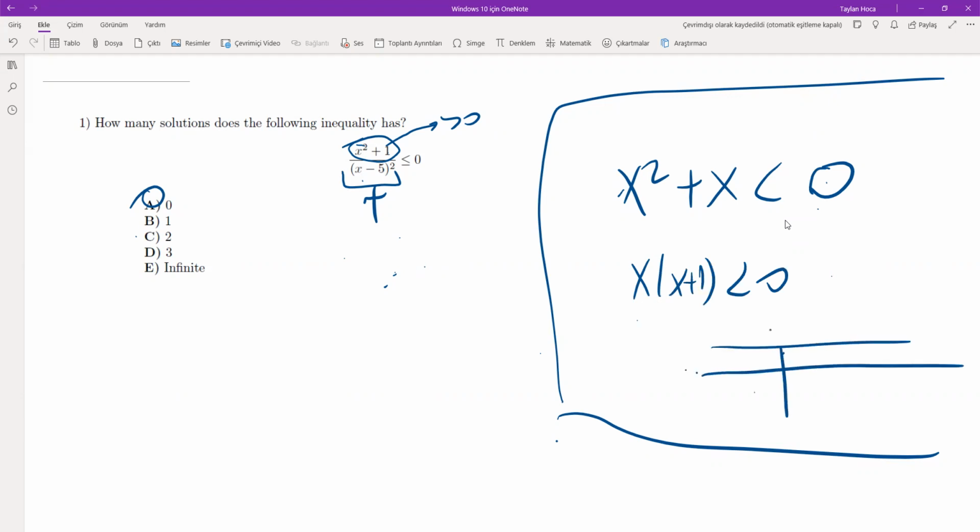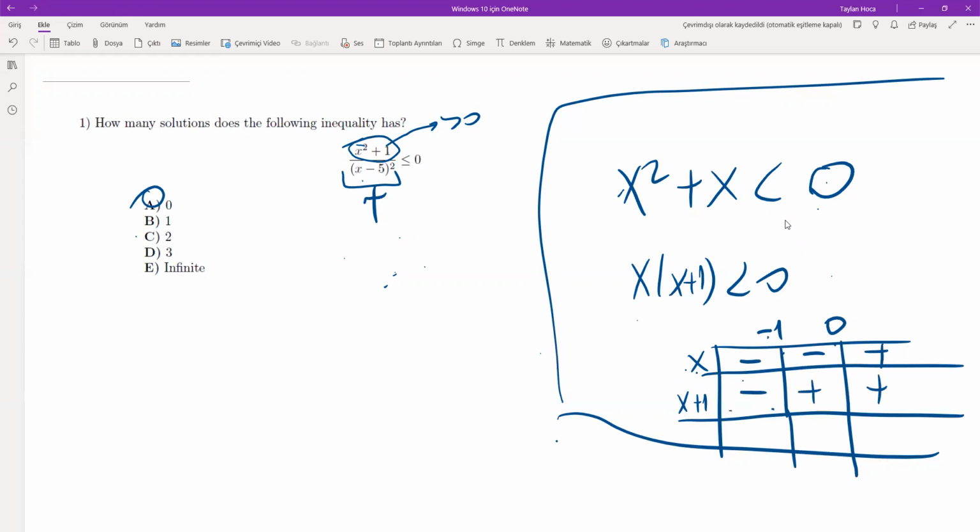What makes x 0? 0. Sorry, what makes x plus 1 0? Minus 1, because I have to write them in order. So x is negative here, positive here. x plus 1, negative here, positive, positive here. When I multiply them, positive here, negative here, positive here. So the solution to this inequality is between negative 1 and 0.